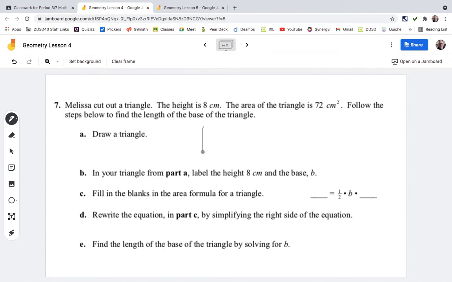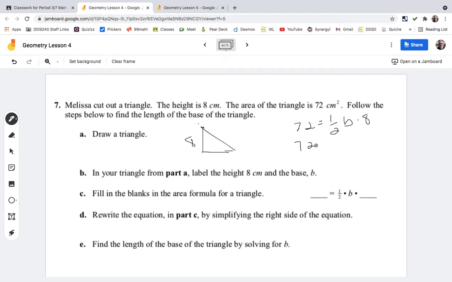We're going to draw a triangle. And the height is 8, and we know that the area is 72, so we do 72 equals 1/2 of the base times the height, which is 8.